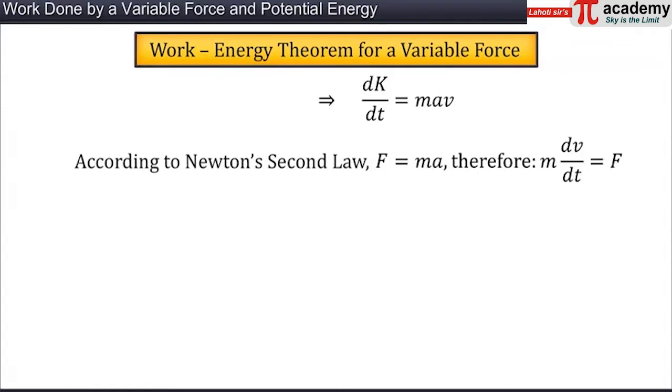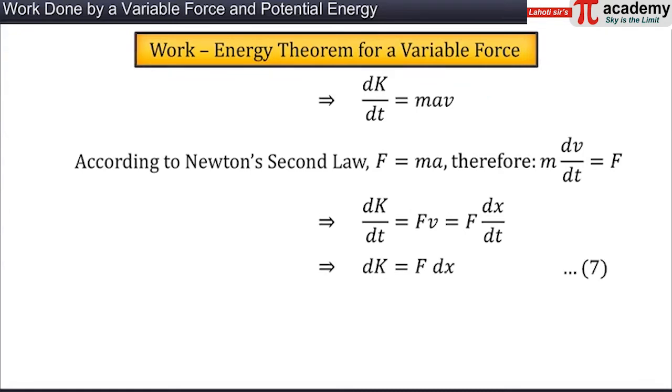Therefore, we get dK/dt = Fv. Also, the velocity term v in the expression can be represented as the rate of displacement, v = dx/dt. Hence, we get expression 7 as shown, which is dK = F dx.